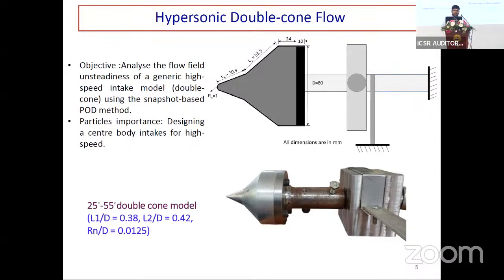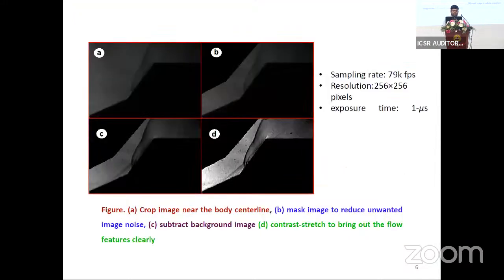So during the experiment, Schlieren images have been taken with a sampling of 79 and 25 pixel. So first we can show that working on the center time.